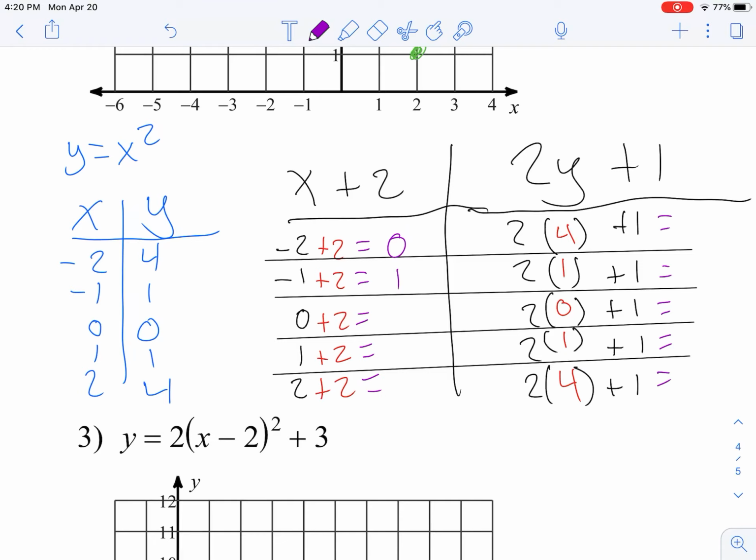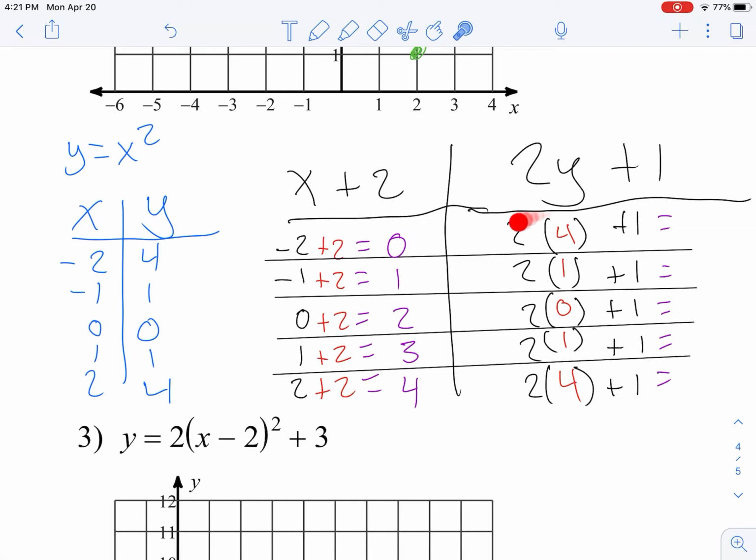-1 plus 2, 0 plus 2, 1 plus 2, 2 plus 2. Those are my x coordinates there. For my y's, I do have to follow order of operations, so I'm going to multiply first and then add this 1.